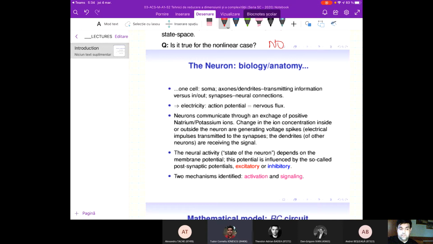There is a balance between these that makes the neural transmissions quite accurate, as we know. A change in the ion concentration inside or outside the neuron generates voltage spikes, which are electrical impulses transmitted through the synapses. This is how the information is exchanged between the neurons.